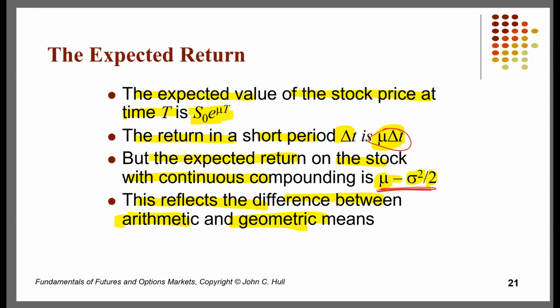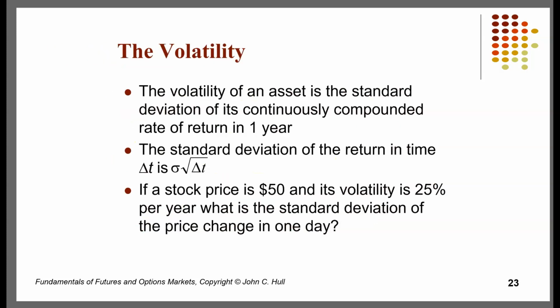All right, so what about the volatilities? With respect to the volatilities, we know that the volatility of the asset is just going to be the standard deviation of its continuously compounded rate of return in the given year. So we have the return over the period, and we just compute the standard deviation of the return.